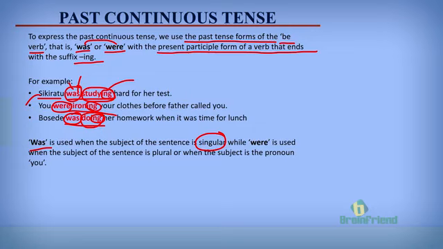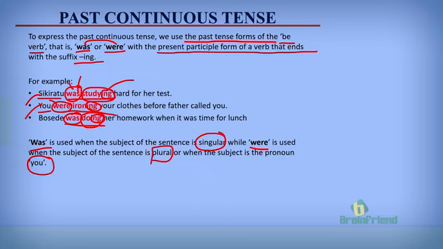And then we use were when the subject of the sentence is plural or when the subject is the pronoun you. Just like the second example on the board, you were ironing your clothes before father called you. The subject of this sentence is you, so the rule states that the verb would be were.